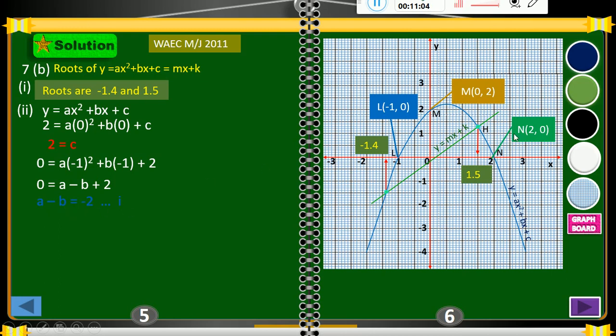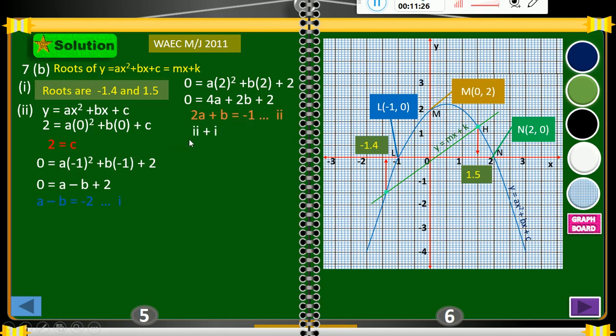Then we are going to use the coordinate of N, 2 and 0. Substituting 0 for y and 2 for x, and simplifying. This is 4a and this is 2b plus 2. Then 2a plus b is equal to -1, equation 2, or the equation in orange.